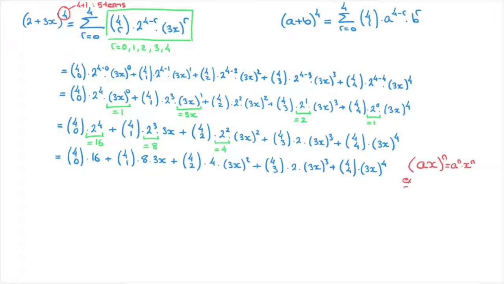For instance, if we had 2x raised to the power of 3, then that would equal 2 to the power of 3 times x to the power of 3. Using that, we can go ahead and distribute these powers across these parentheses containing 3x, and that would look like follows.